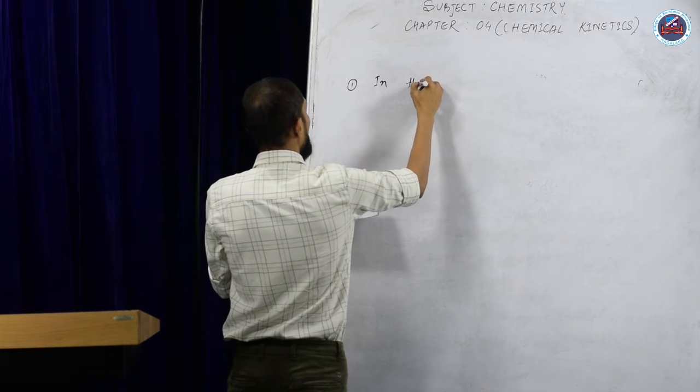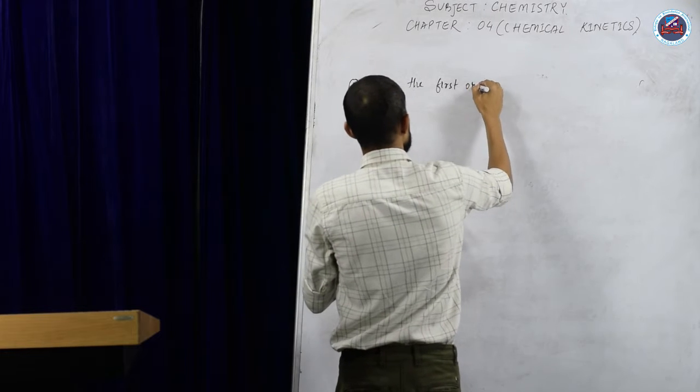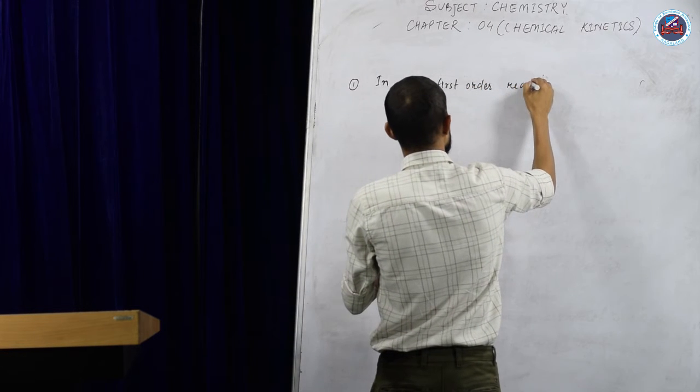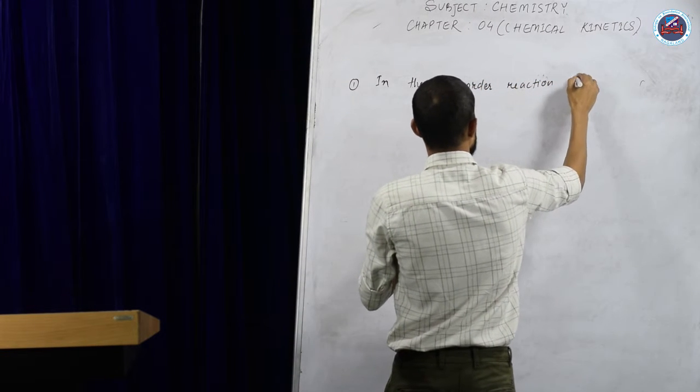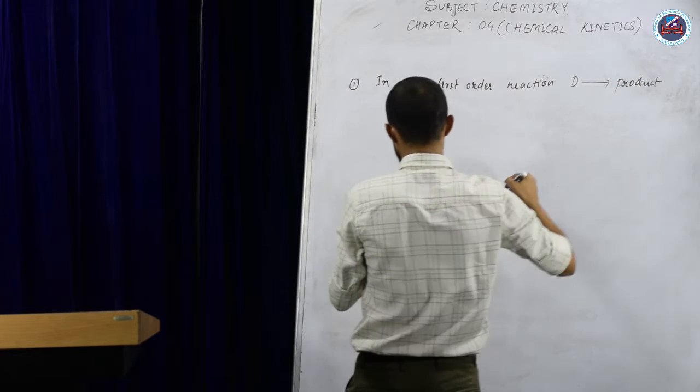In the first order reaction, D to product, that is D means a reactant.